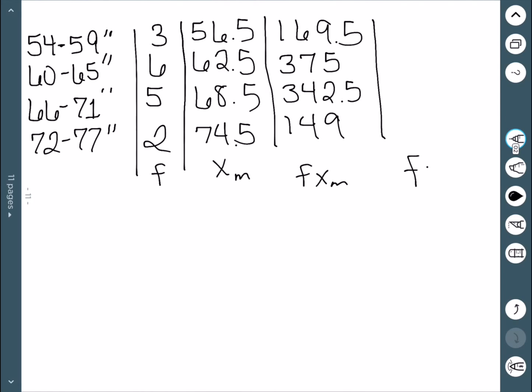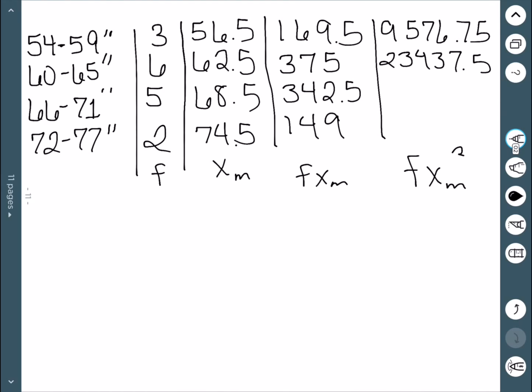After that, we need a column for f x sub m squared. This time I have 3 times 56.5 times 56.5, which is 9576.75. The next one, 6 times 62.5 times 62.5 is 23,437.5.